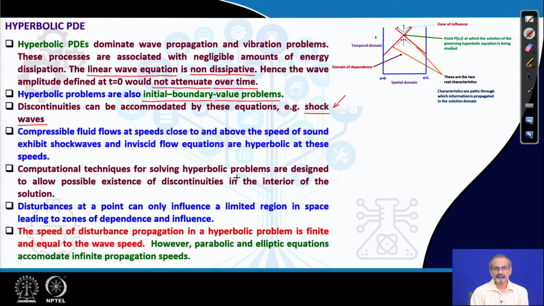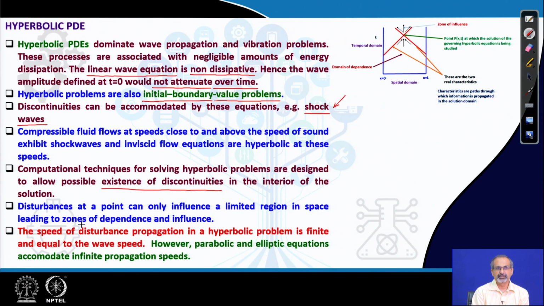And when you look at compressible flows for inviscid situations, they behave in a hyperbolic manner at subsonic as well as supersonic conditions. This we saw from the steady form of the velocity potential equation earlier, when we were categorizing the partial differential equations. And when we develop computational techniques for hyperbolic partial differential equations, they have to support the existence of discontinuities in the interior solution.